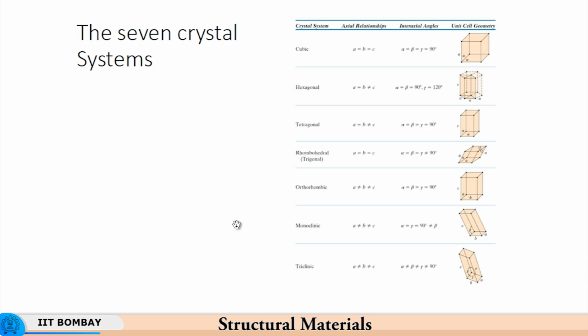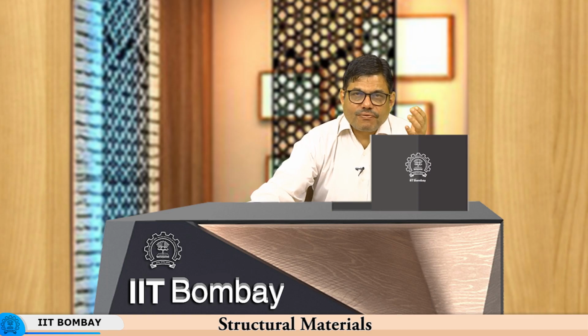So the C by A ratio, as it is called, the ratio between the height of the hexagon to the length of each individual side of the hexagon, is typically 1.63, 1.58. So it depends on the material, and this C by A ratio is a very important parameter for a hexagonal close packed structure, and these structures therefore give different properties depending on the C by A ratio.